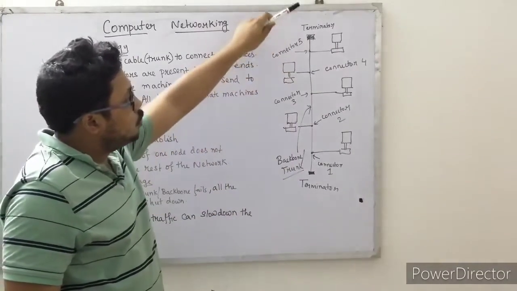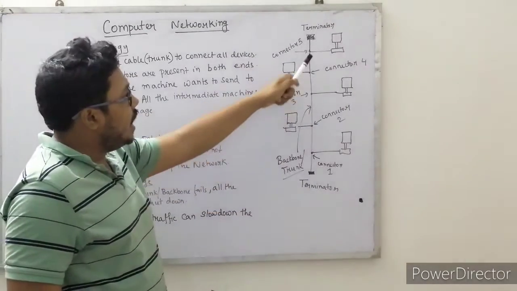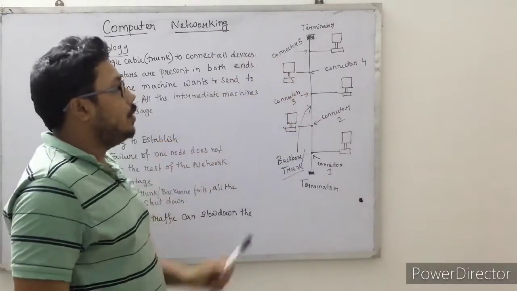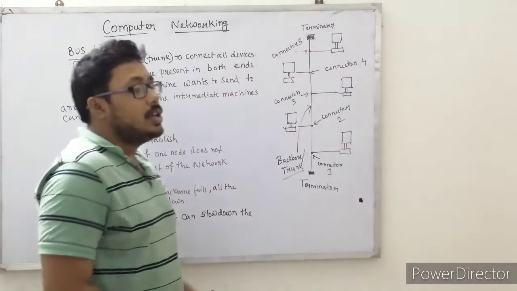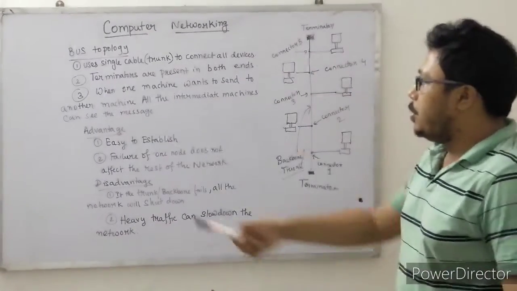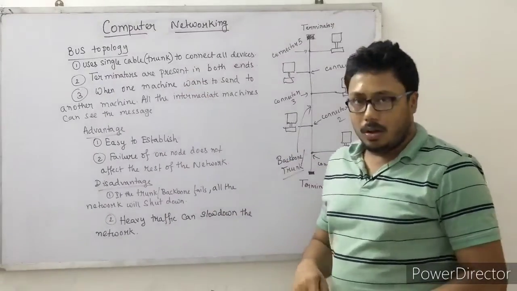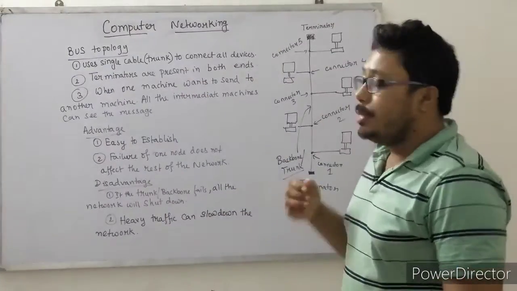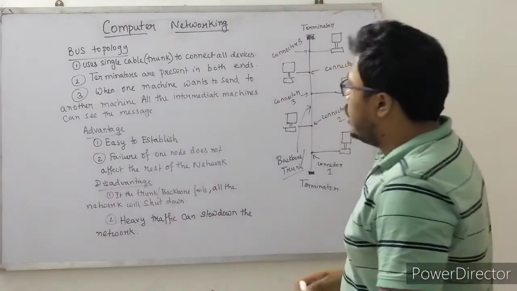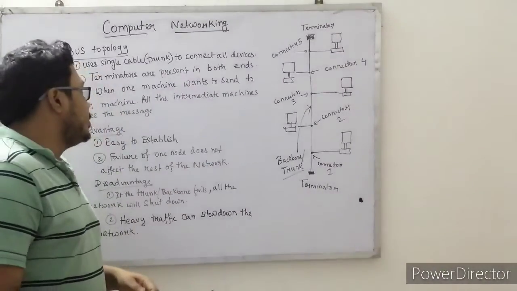On two sides there are two terminals, and these are the connectors: connector 1, connector 2, connector 3, connector 4, connector 5, and these are the computers connected with these connectors. So coming to the first point, it uses a single cable, which can also be called the trunk or the backbone of the network, to connect all devices. Terminators are present on both sides of the cable.